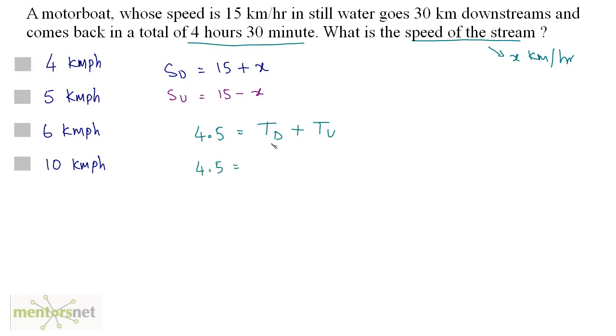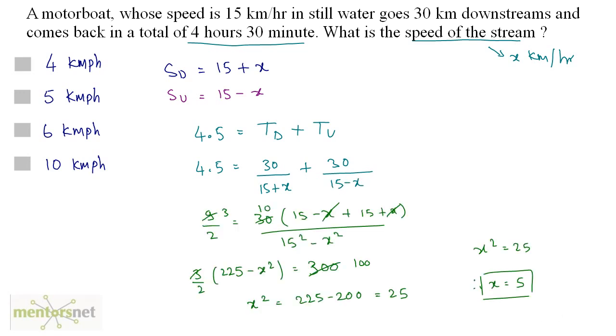So the time taken to go downstream is actually the distance upon speed. So the distance is 30 upon the downstream speed, and that's 15 plus x. Plus again the time taken to go upstream is basically the distance, that's 30, divided by the upstream speed, that's 15 minus x.